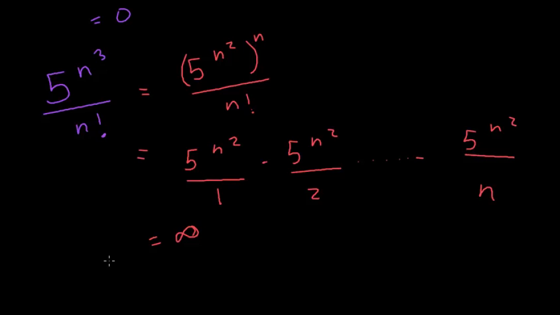Let's try to do a few more examples. I will do one more example in this video, and I will make part 2 of this video to do a few other examples. Okay, limit as n tends to infinity of the nth root of a.